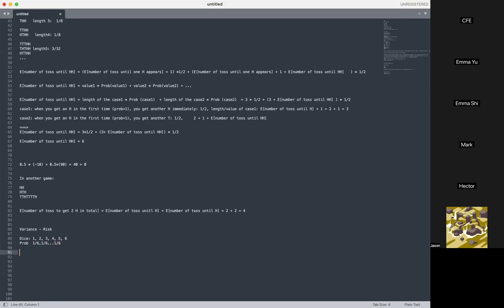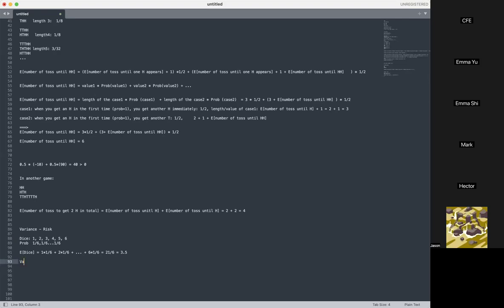And we know the expected value of a dice is 1 times 1/6 plus 2 times 1/6 plus dot dot dot plus 6 times 1/6. This is 21 over 6, which means 3.5. So this is the average number when you roll a dice.